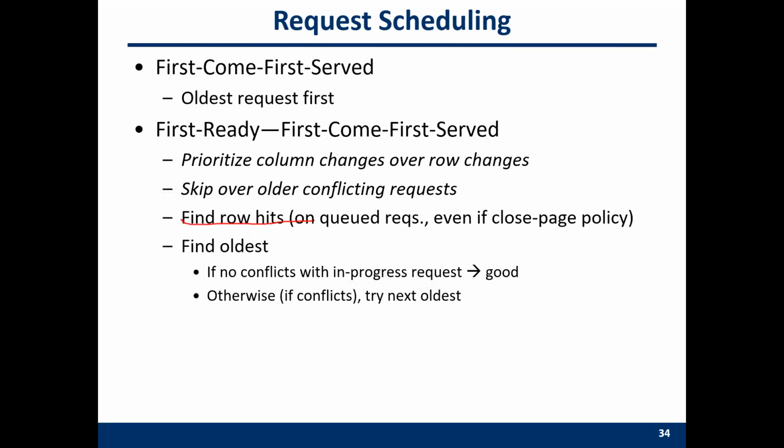So you find some row buffer hit, and then the scheduler skips the older conflict request. A conflict request means the request goes to a different row buffer. So first ready, first come, first serve only considers the row buffer hit.